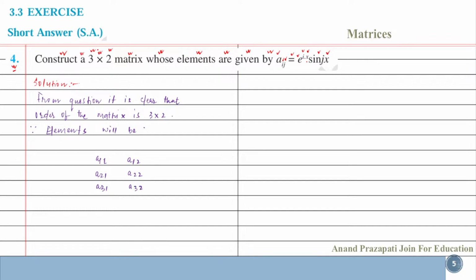After that there is no problem to understand up to this step. So this one will be the matrix. Suppose this is equal to A.